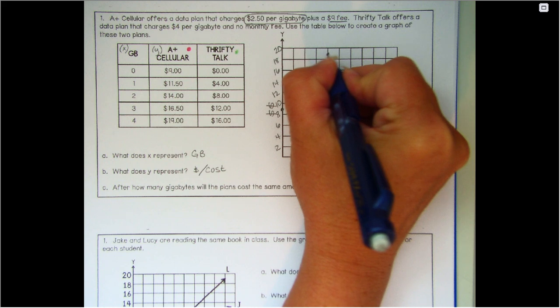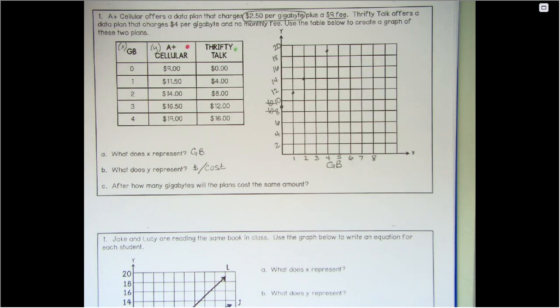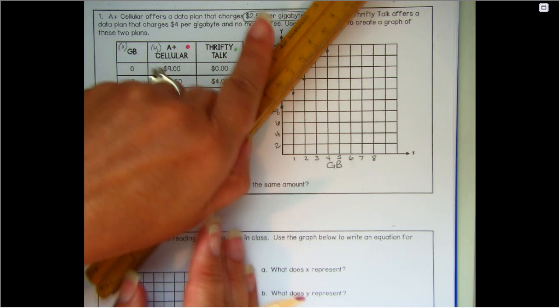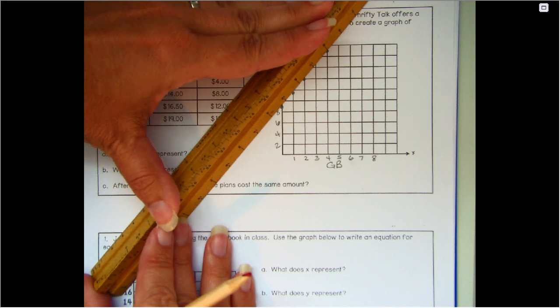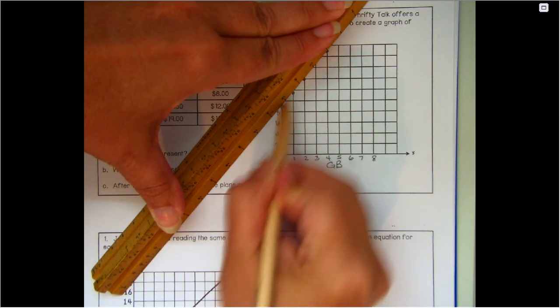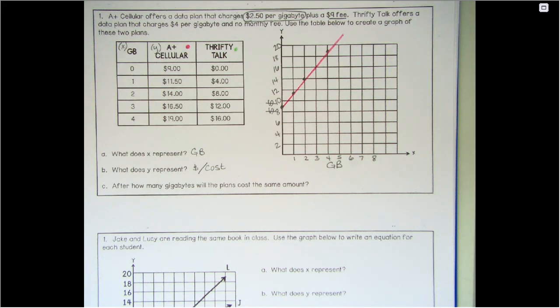When I graph this in red, I'm going to use a ruler real quickly, because freehand graphing is not the most precise thing to do. That's that data plan.